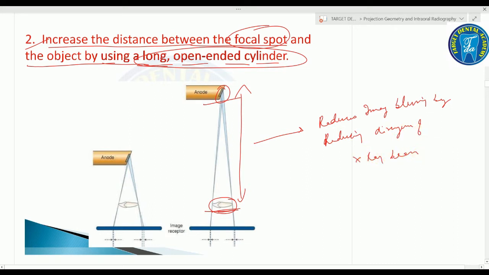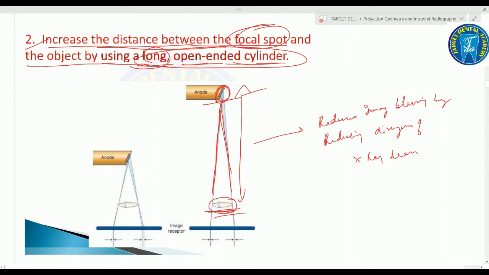Important. See, when you are using a long open-ended cylinder, it leads to an increase in the distance between the focal spot and the object. When there is an increase in the distance between the focal spot and the object, it leads to a decrease in the divergence.